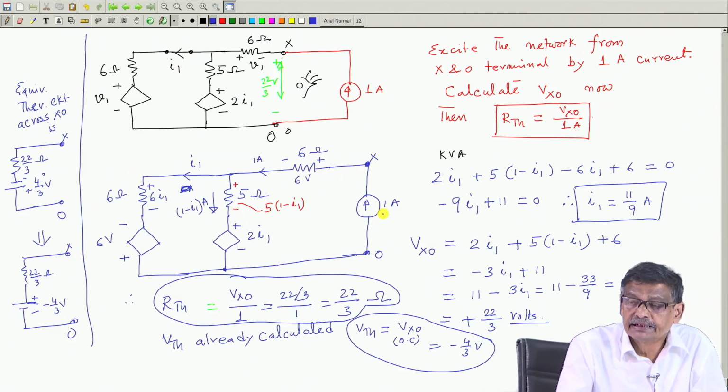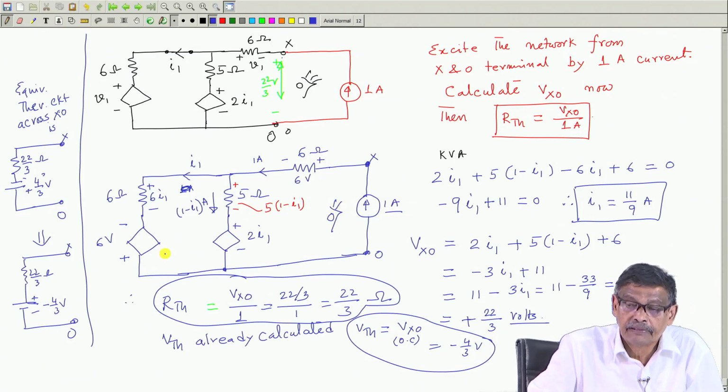So, if you have excited it with a current source, you must know what is V x O now to say what will be Thevenin's impedance looking into these points.